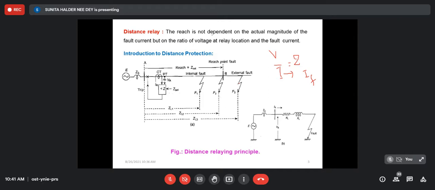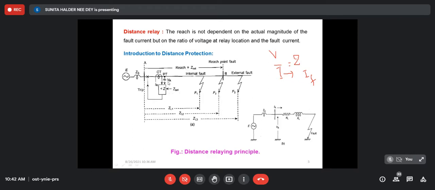Now, what is the philosophy? Say this relay is protecting a transmission line AB, right? So up to B, it will provide the protection. Then obviously this AB is called the reach of the relay. That means this relay cannot sense any fault beyond this point B. So that is the reach of the relay.